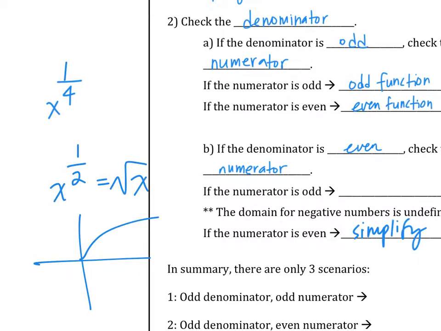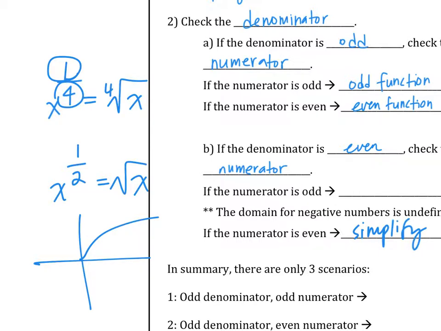So this is true of every single thing that has an even root. Because even root means you cannot put negative x inside. So all of the ones that have an even denominator and an odd numerator will only show up on one side, because the other side is always undefined. Does that make sense to everybody?